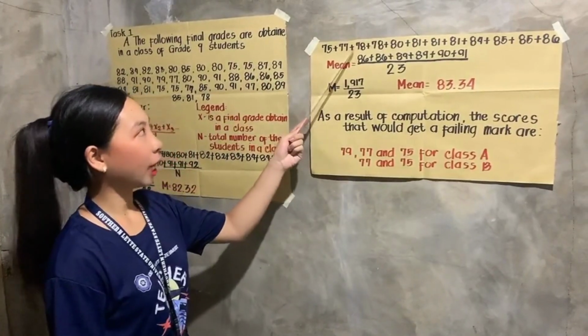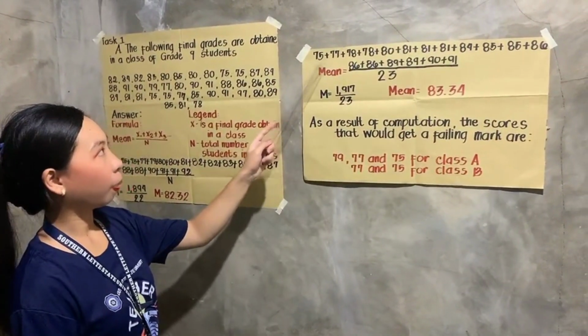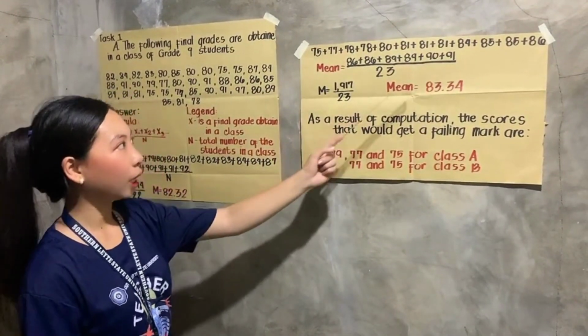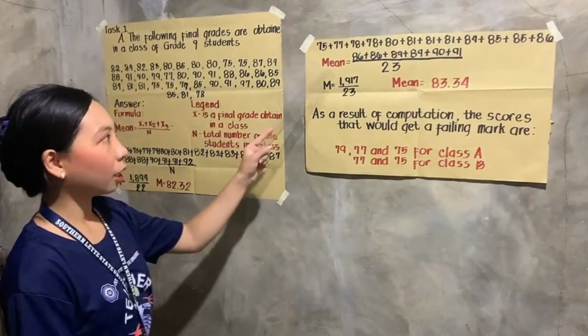So these are the grades of grade 9 class B. It has already been arranged from lowest to highest grade. We're still going to use the same formula in getting the mean.